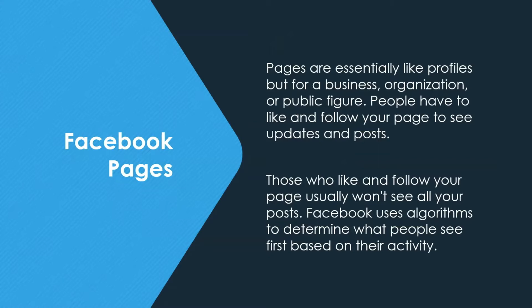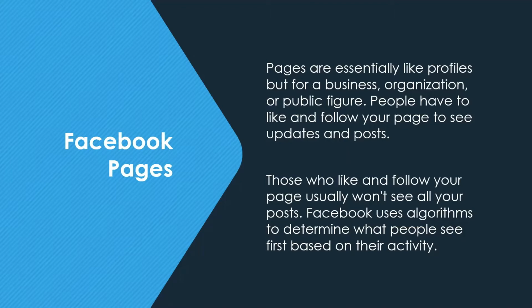And the thing is, Facebook uses algorithms. It's always trying to streamline and organize content in a way that will get its users to use it more. So the people who like and follow your page, that doesn't mean that they're going to see all of your posts, because what Facebook does is it bases what you see first on your recent activity.